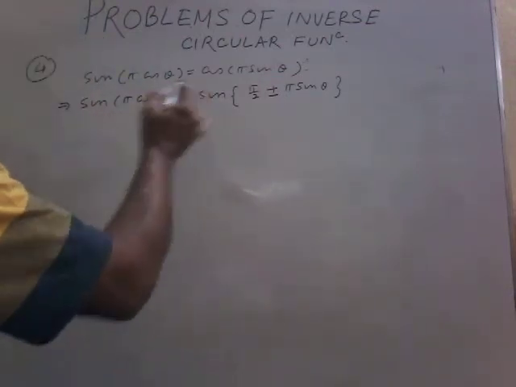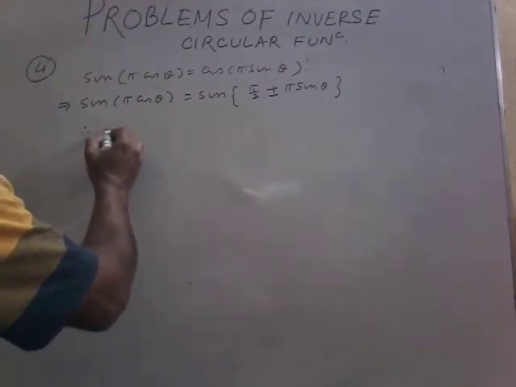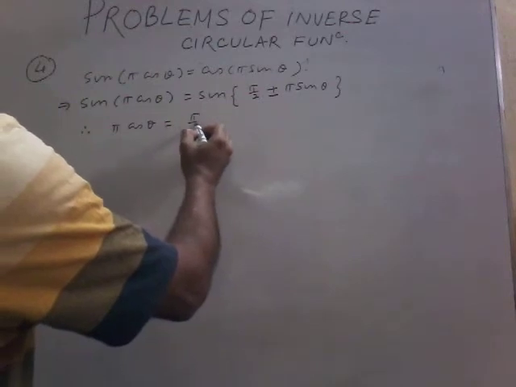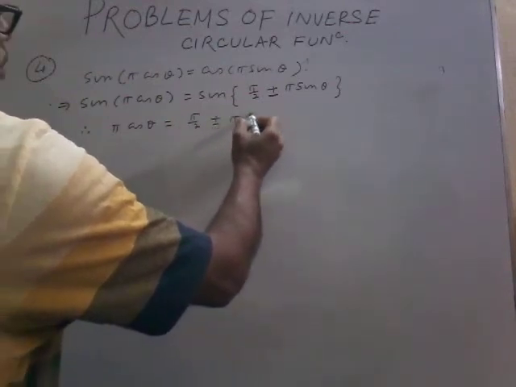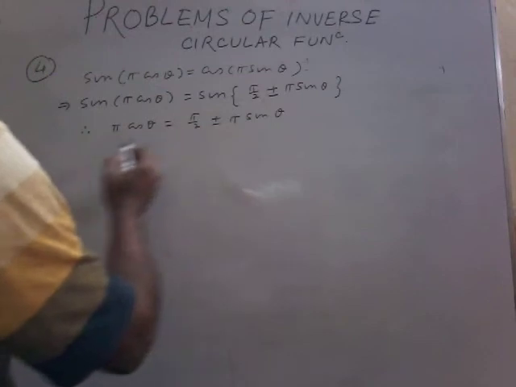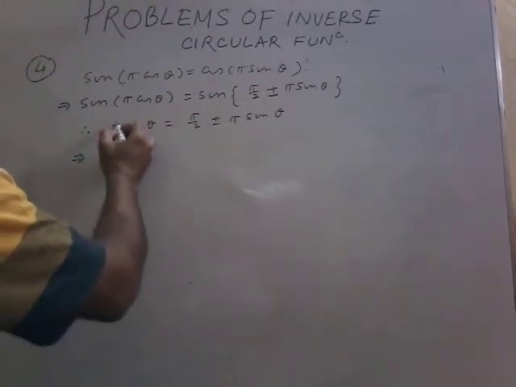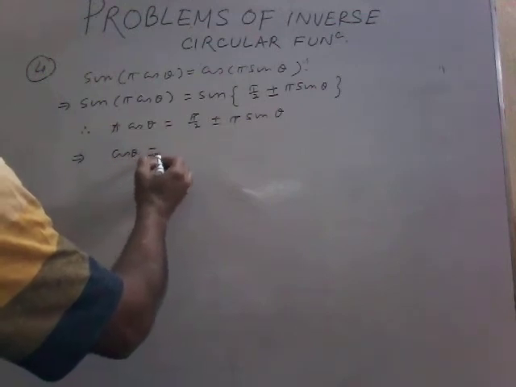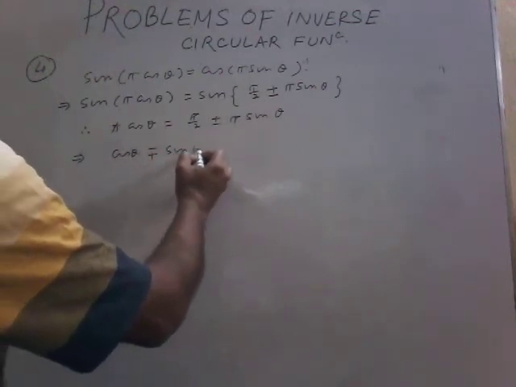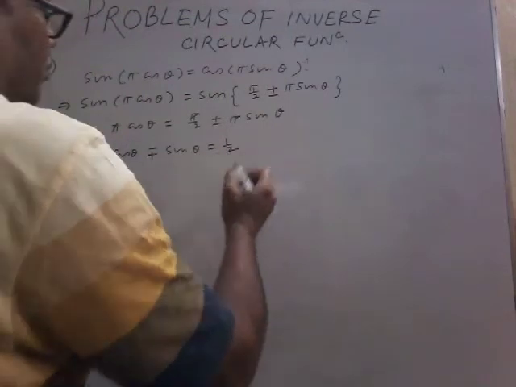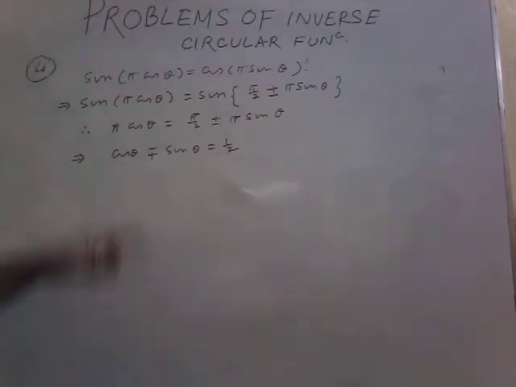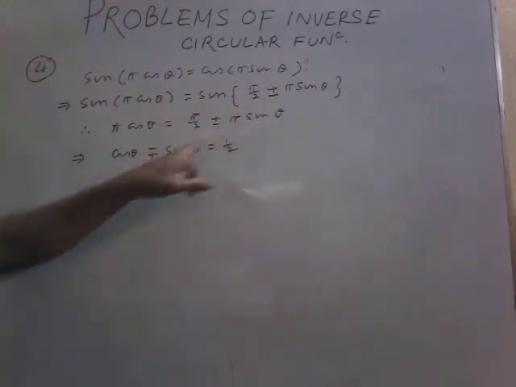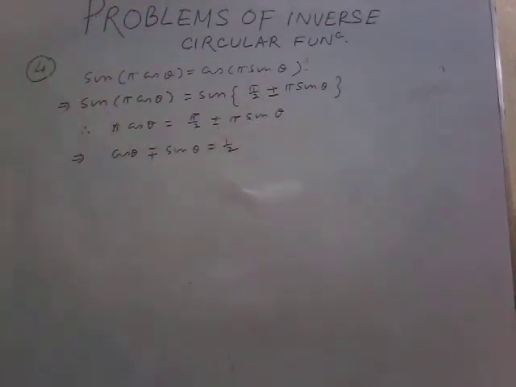So equating sine on both sides, therefore pi cos theta equals pi by 2 plus minus pi sin theta. So pi will be cancelled out. So cos theta minus plus sin theta equals half. This is plus minus; if you consider the left hand side, this is minus plus.